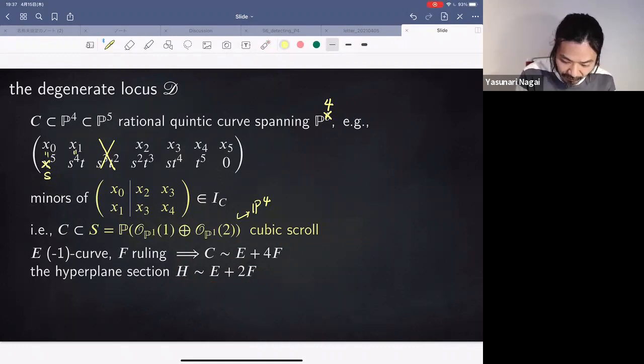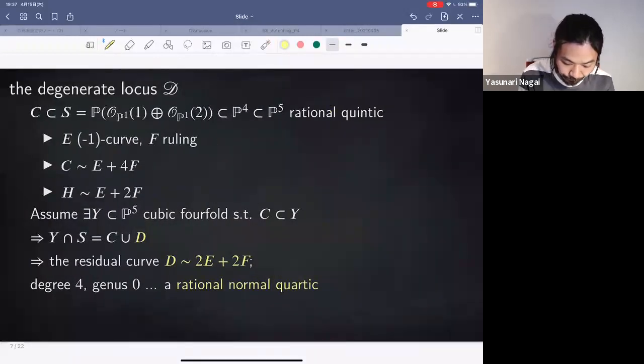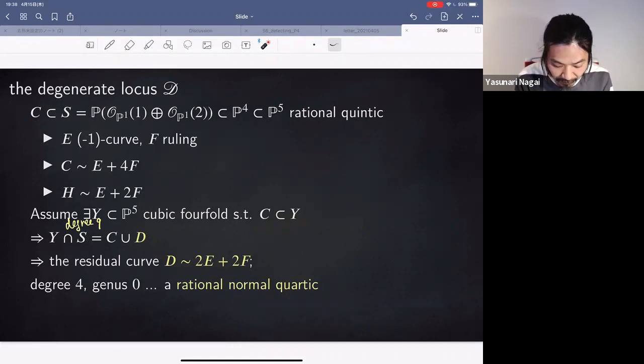Then we think of a cubic fourfold here and cut the scroll by this cubic equation. Then we get something of degree 9. But if the quintic curve C sits inside of Y, then this curve C must be a component of this intersection curve of degree 9.